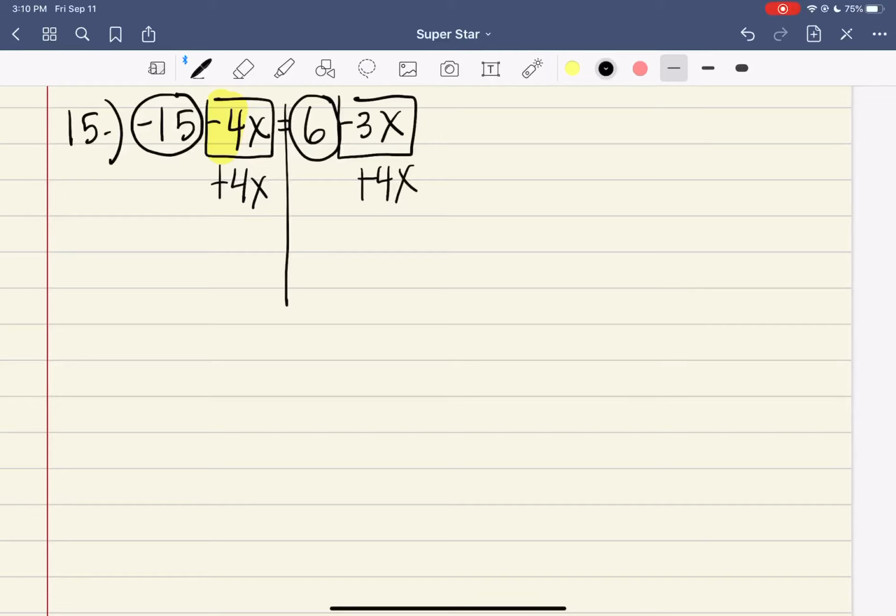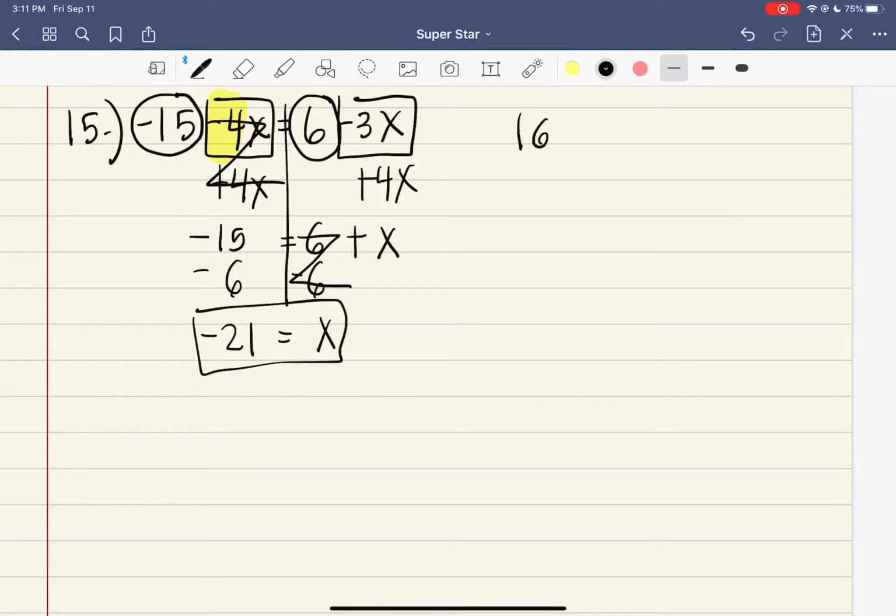So then we'll be left with -15. This will become 0. We'll be left with -15 equals 6 plus x, because -3 plus 4 is just a 1. So then we have to find our constant that's on the same side as the variable. And this will become 0, and we'll be left with x equals a -21.